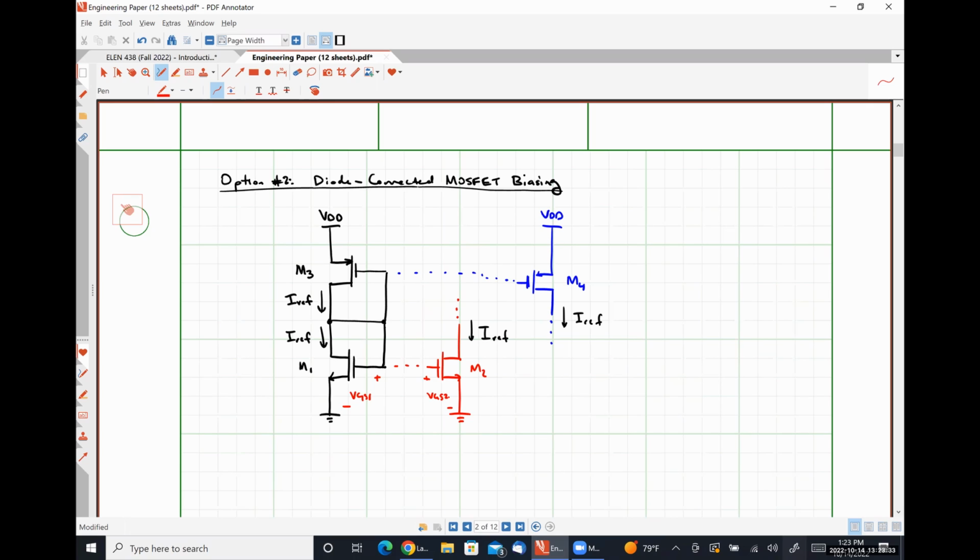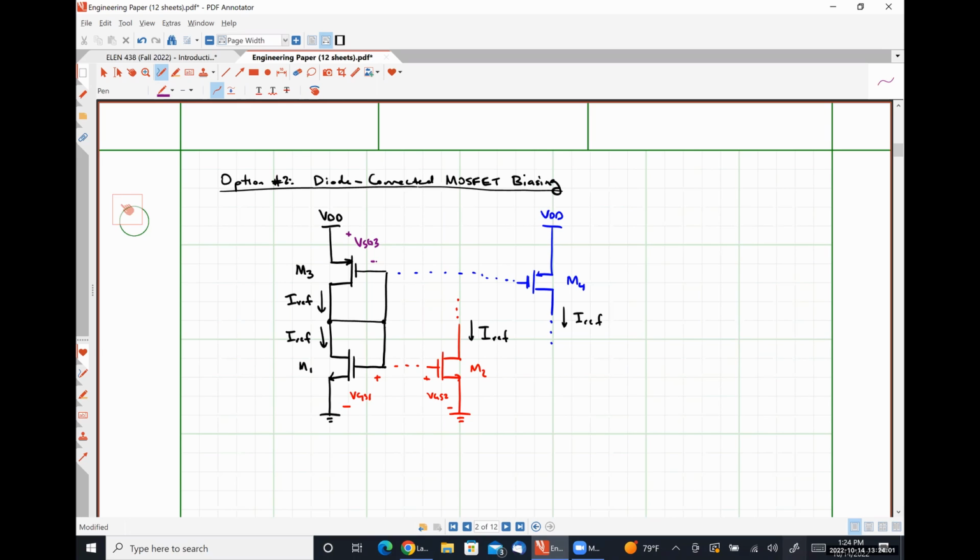And if we want M1 and M2 to be as small as possible, that means that VSG3 needs to be very large because it has to take up all of the additional voltage difference between VGS1 and VDD, okay?